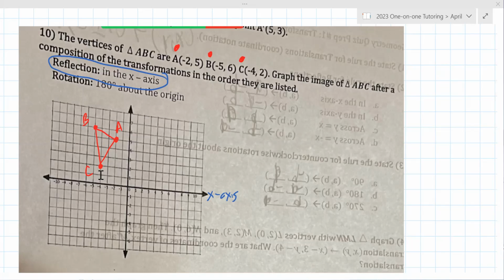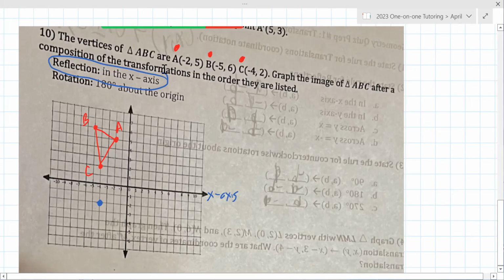Step, step. All right, 1, 2, 3, 4. Do you see where my cursor is? Straight down to the x-axis, two spaces. So you go 2 more spaces on the other side. You count 2, that gets you to the x-axis, and then you count 2 again.